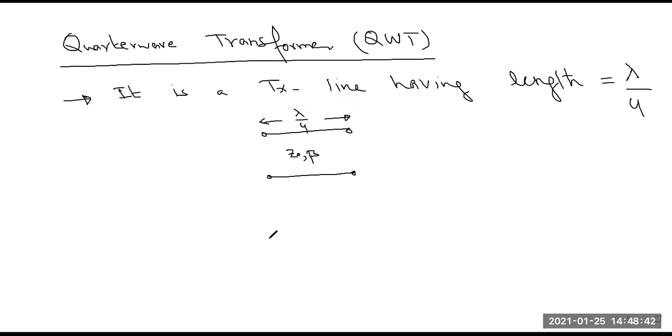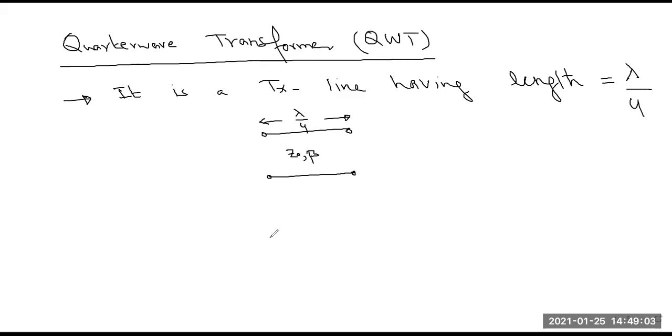नाउ लेट्स टॉक अबाउट कि ये ट्रांसमिशन लाइन की लेंथ तो कुछ भी हो सकती है. लैम्डा बाय 8 भी हो सकती है, लैम्डा बाय 7 भी हो सकती है, लैम्डा बाय 5 भी हो सकती है. Why we are giving importance to ट्रांसमिशन लाइन जिसकी लेंथ लैम्डा बाय 4 है और उसको फिर हमने क्वार्टर वेव ट्रांसफार्मर का नाम भी दिया हुआ है.